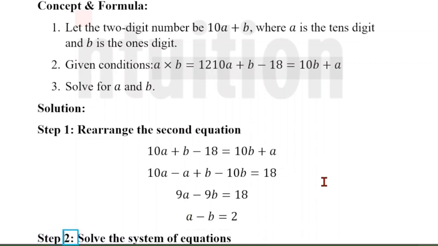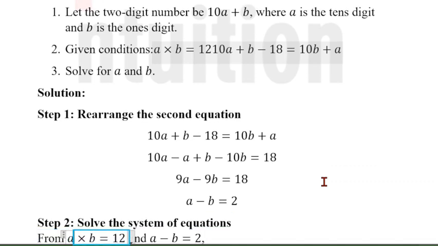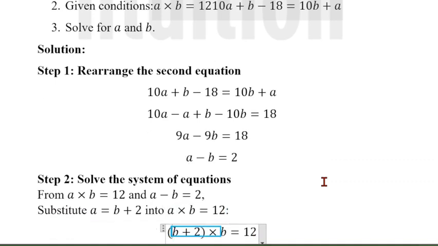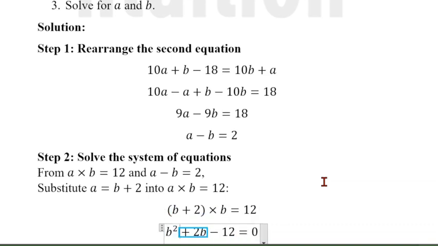Step 2. Solve the system of equations from a times b equals 12 and a minus b equals 2. Substitute a equals b plus 2 into a times b equals 12: (b plus 2) times b equals 12. b squared plus 2b minus 12 equals 0.